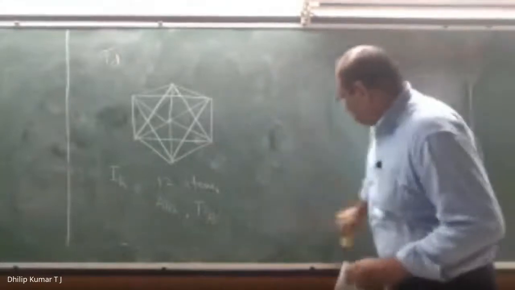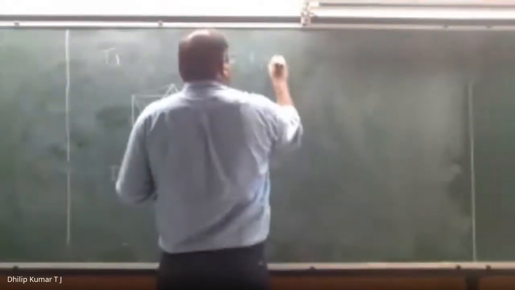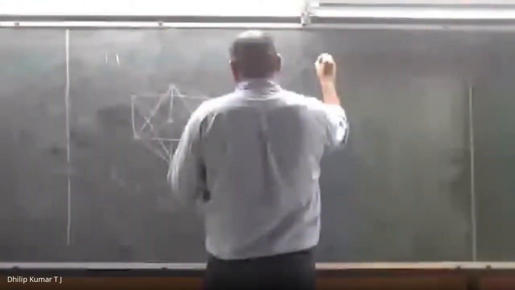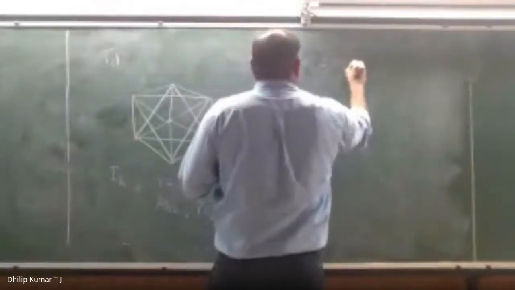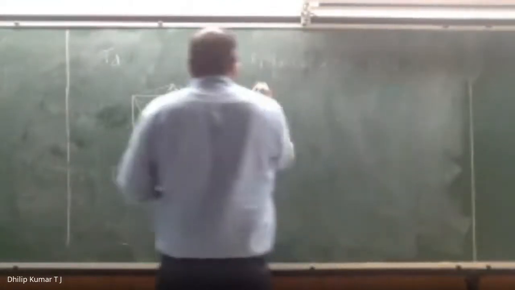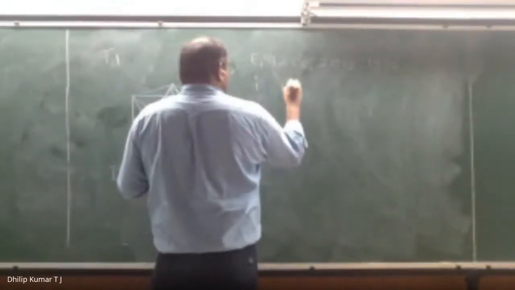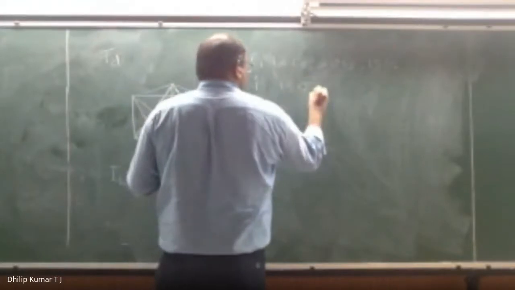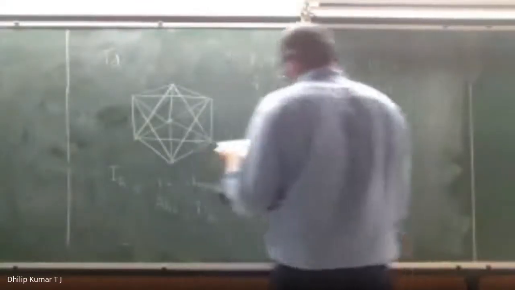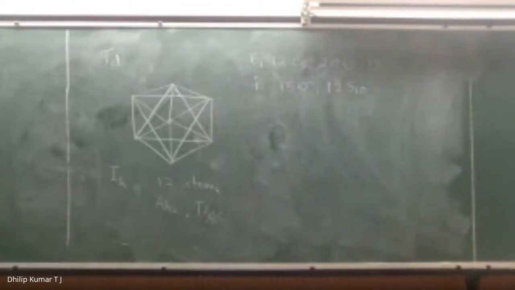The molecule has E, C5, C2, I, and then 15 sigma planes. So you'll have so many symmetry elements present in icosahedral symmetry.